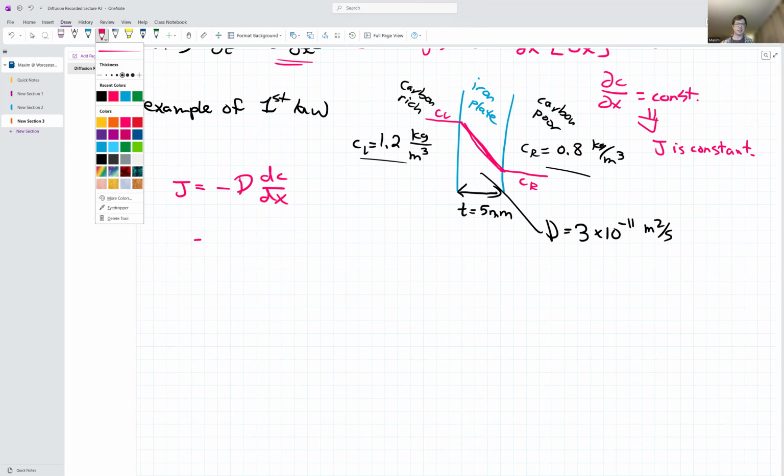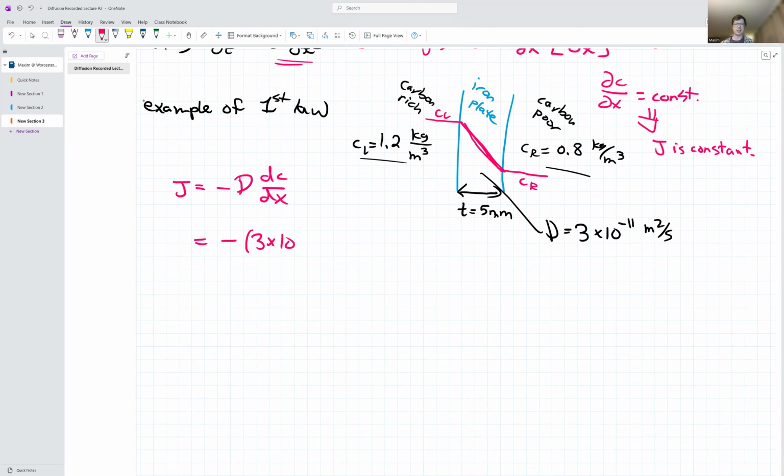So the flux is minus the diffusion coefficient, 3 times 10 to the minus 11 meters squared per second. And now the derivative, the first derivative, is just the slope. It's the change in concentration. So the change in concentration across the iron plate, the final concentration is CR, so it's CR minus CL.